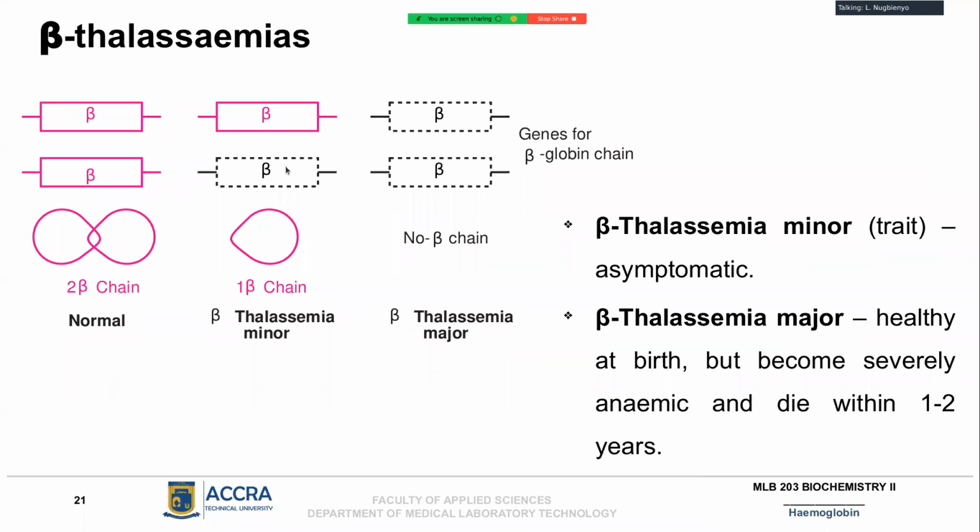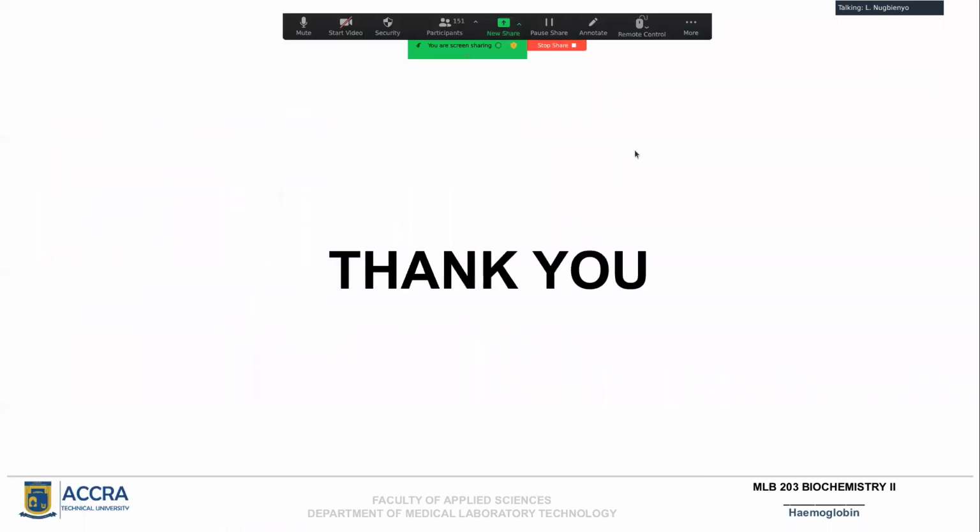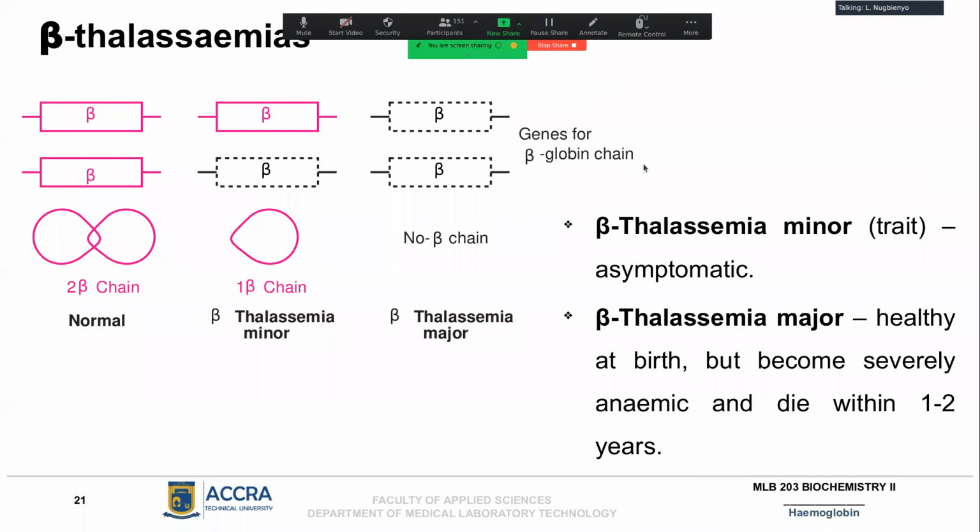So many of these, yes, you will know about it, but you will not have any power to do anything about it. You just know that it is there, but what can you do? It's genetic, so there's nothing much you'll be able to do about it.